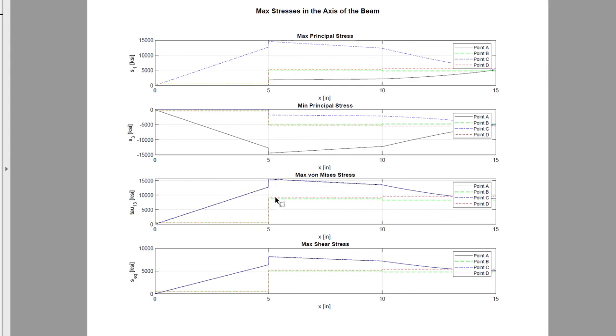All the other stresses are smaller than that. The maximum shear stress shows that points A and C also have the same shear distribution. So indeed, our assumption of choosing point C is correct, and that's what the plot tells you.